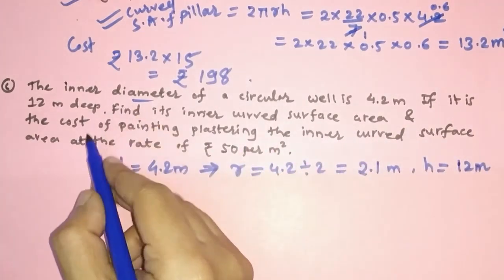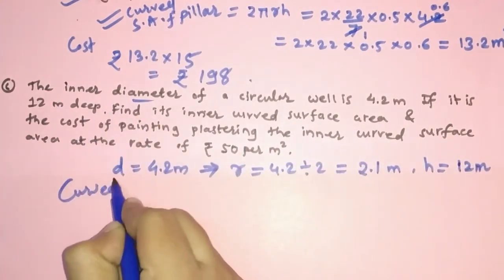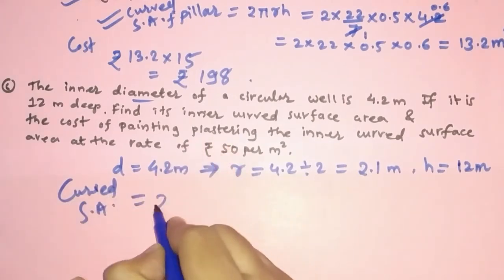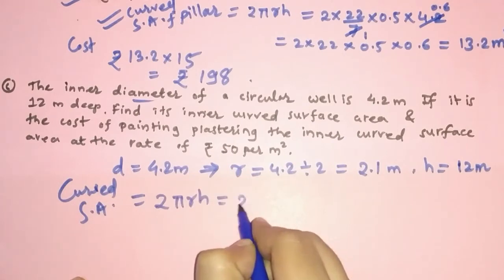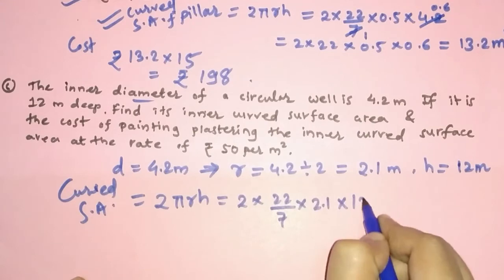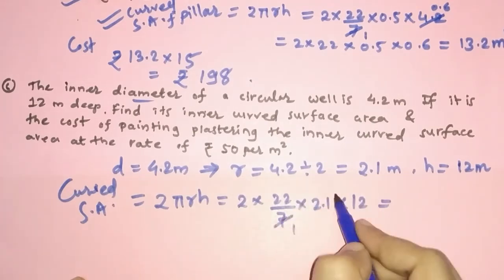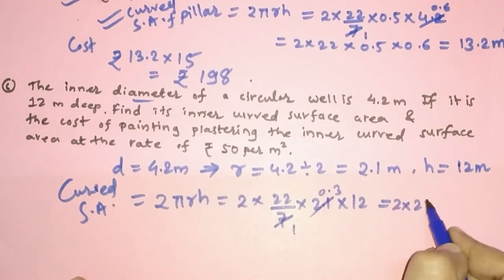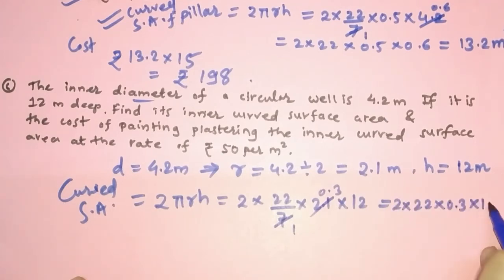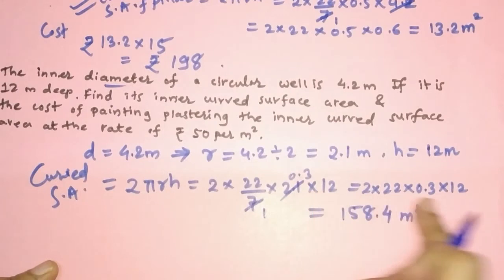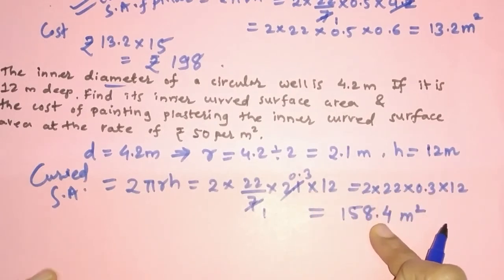Now we want the curved surface area. Curved surface area is equal to 2 pi rh. So 2 into 22 upon 7, radius is 2.1, height is 12. So 7 ones are here, we'll get 7 3s are 21, so 0.3. So all these you will get on multiplication 158.4 meters square. Just multiply it like normal and afterwards put the decimal.